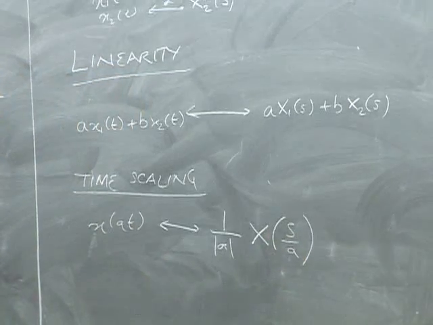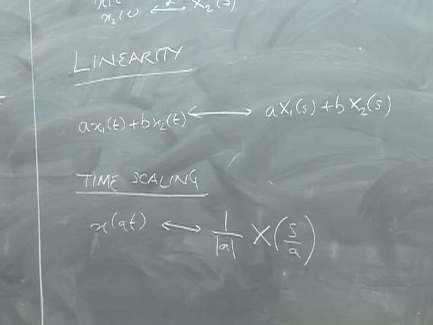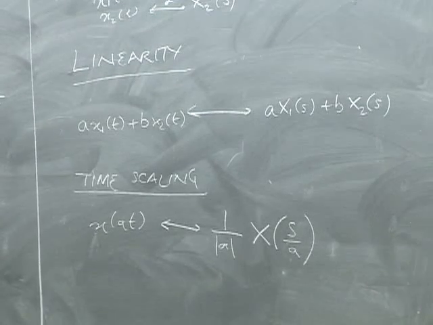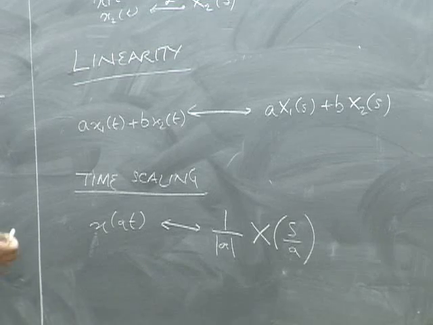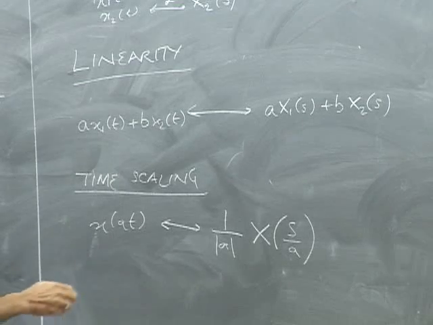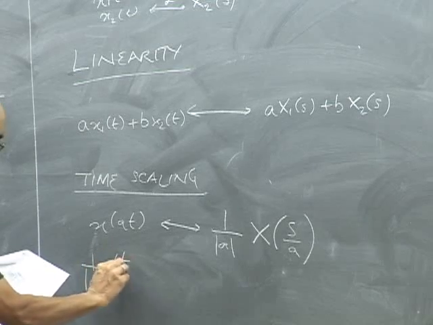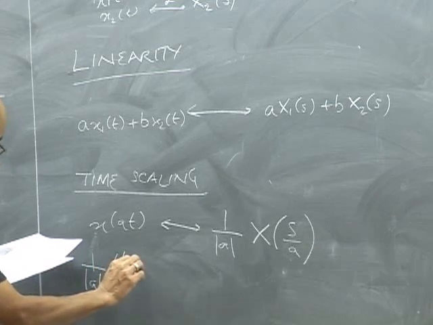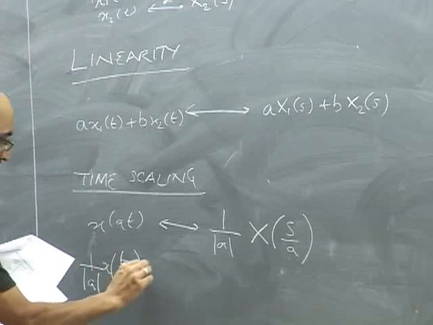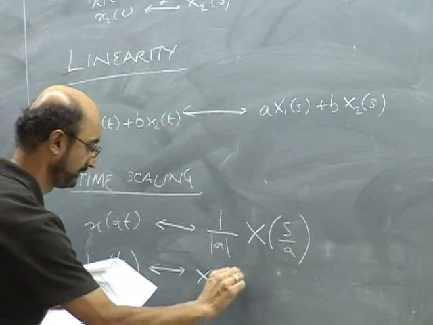Okay, so that's your time scaling. And again, this is very similar to the Fourier. I'll also write down frequency scaling because it's basically the same form: 1 over a x(t over a) corresponds to X(as).